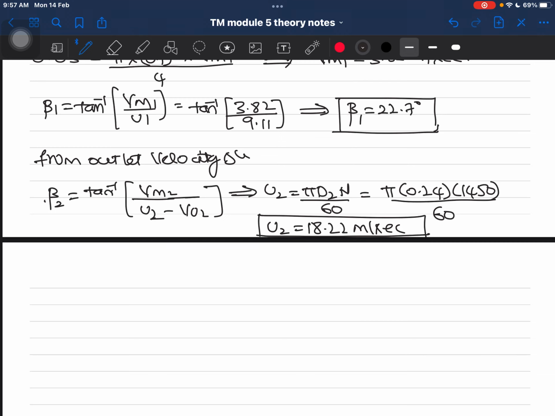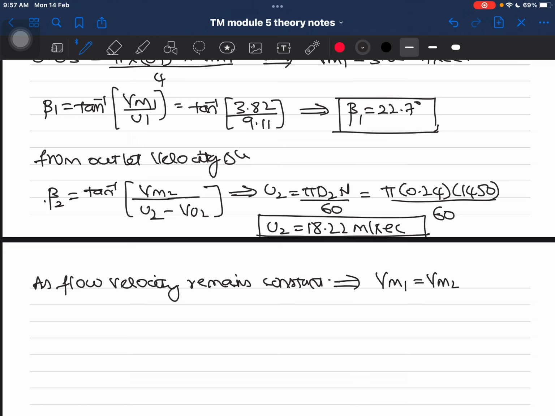Now, as the flow velocity remains constant, what you can infer is Vm1 would be equal to Vm2.